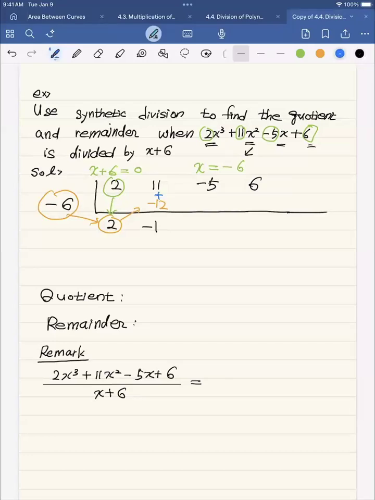And then we do the same thing. We multiply these two, -6 and -1. Then we will have 6. And then we add them up to get 1 here.